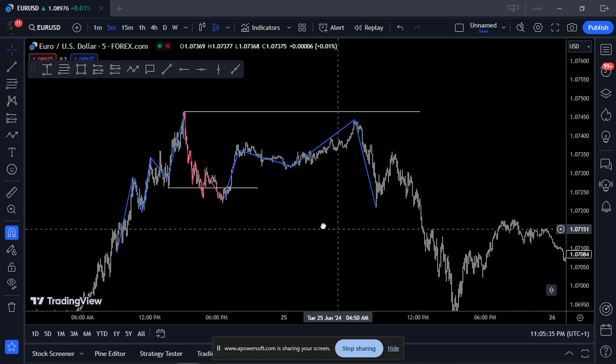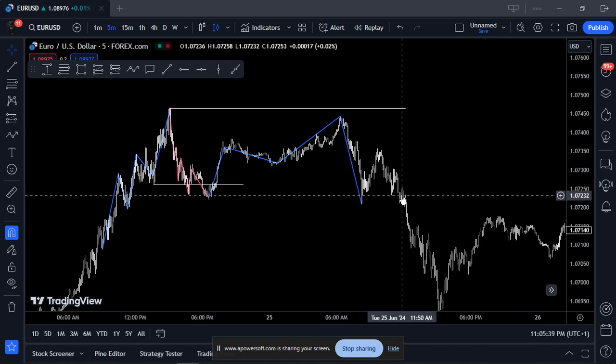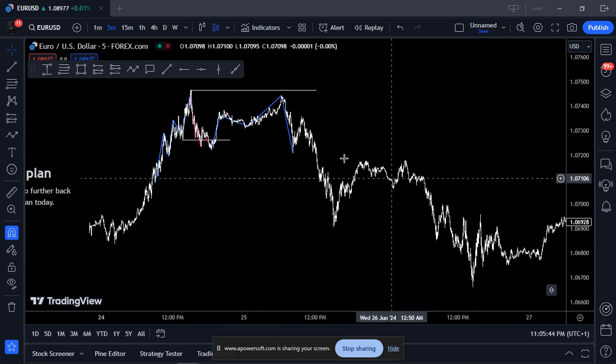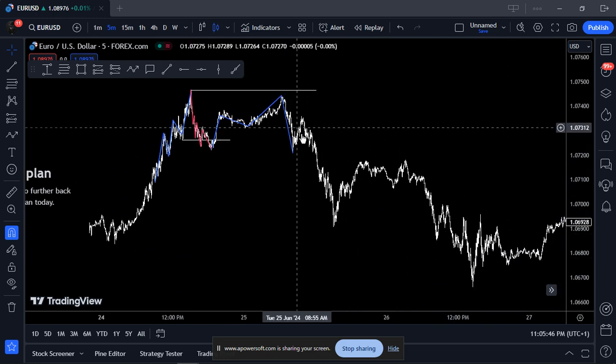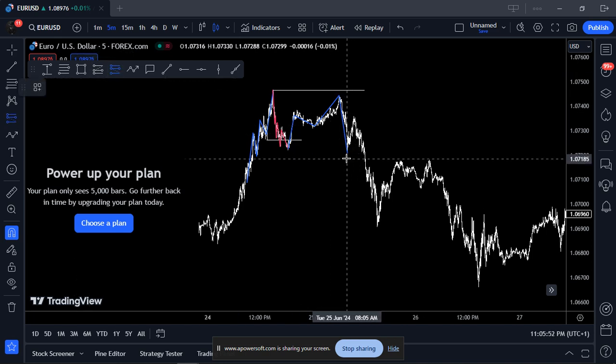Now candle close below is somewhere here. Then you make your money. You draw the trend down. Say you want to short it. Short it somewhere here.